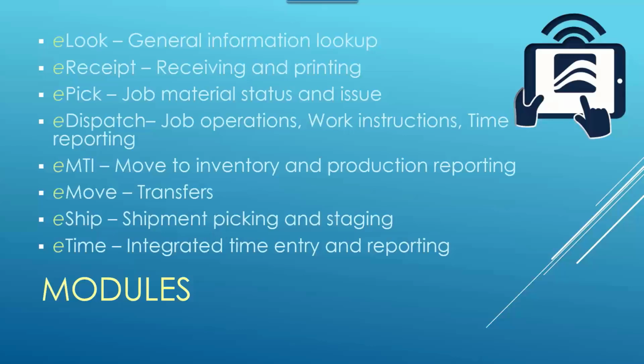Your moves to inventory, transfers, moving from location 1 to location 2, e-shipping, shipping product, basically staging your shipping products, creating your shippers from the standpoint of allocating, assigning product to your shippers, and then the whole time reporting is part of the product as well.